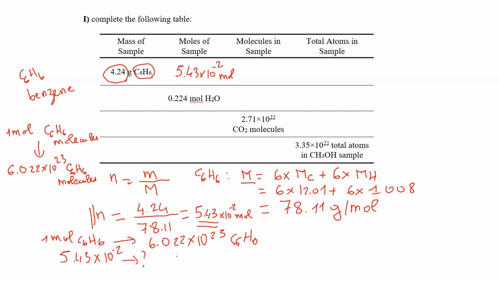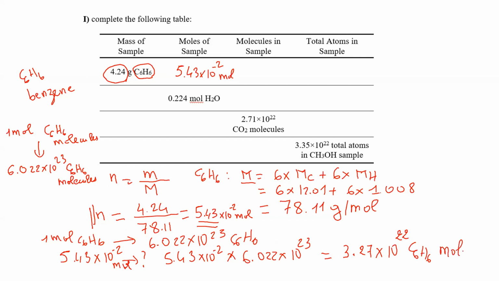The result will be 5.43 10 to the power minus 2 multiplied by 6.022 10 to the power 23, divided by 1 mole, so there are no more units except C6H6 molecules. And if you calculate it, it's going to be equal to 3.27 10 to the power 22 C6H6 molecules.